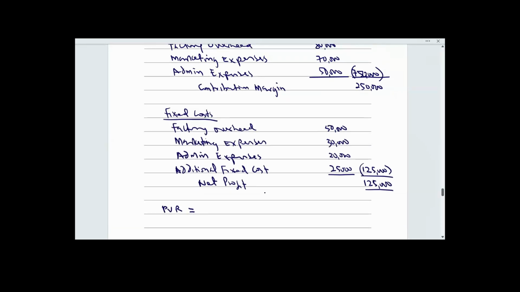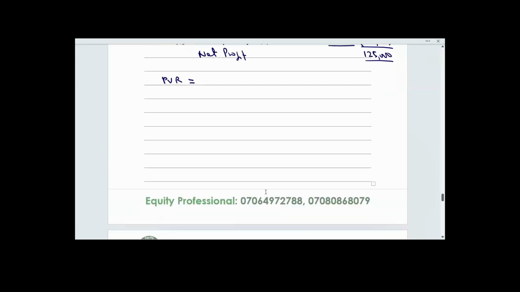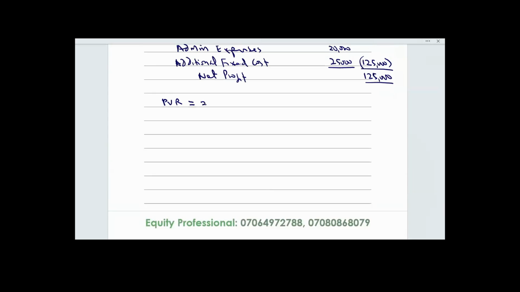Revised contribution is 250,000 over sales of 1 million. This will give us 0.25 or 25%.